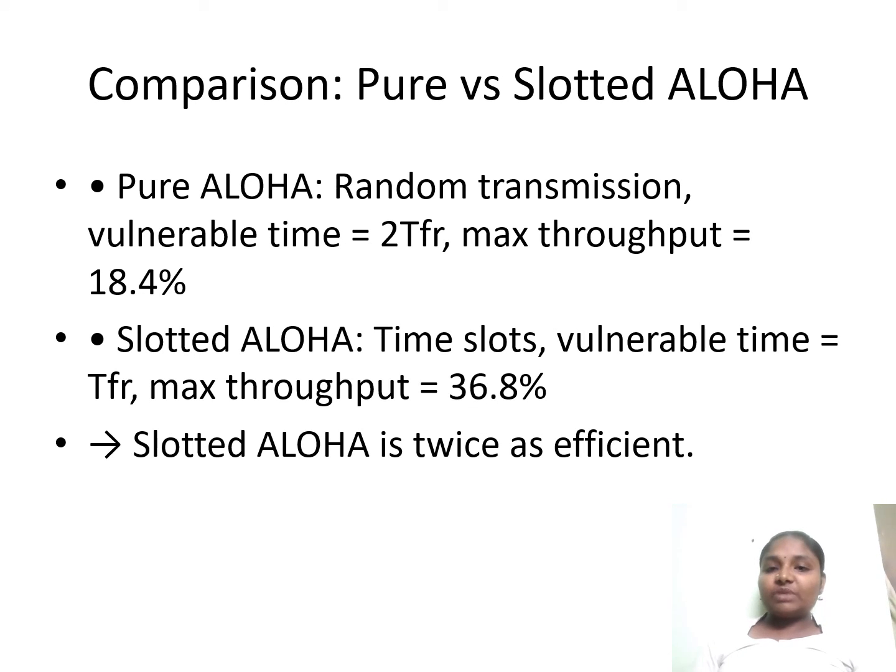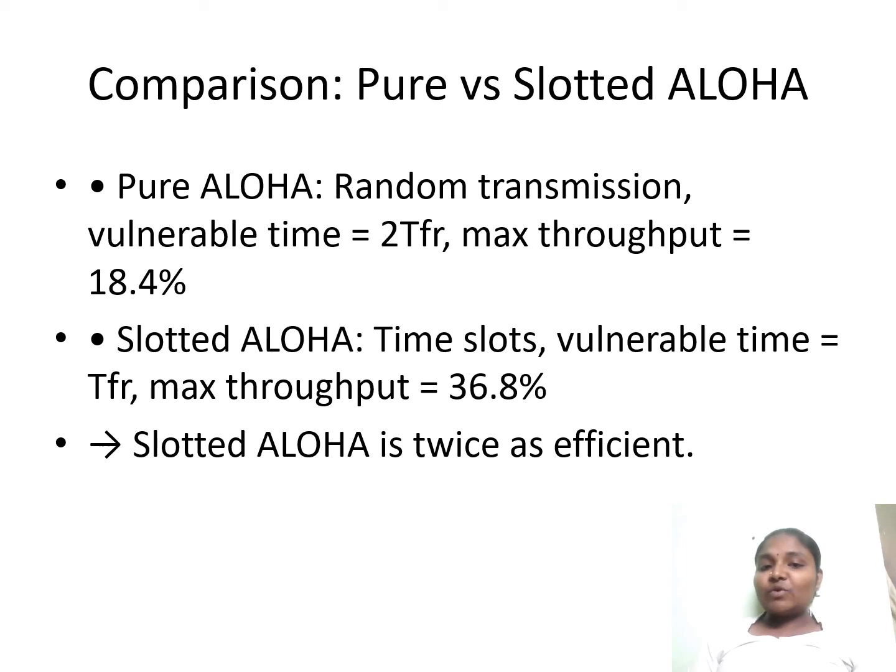And the comparison between pure Aloha and slotted Aloha. Pure Aloha is a random transmission, meaning there are no time slots. Whenever the frame is ready, it will be transmitted. In slotted Aloha we have time slots, and only when a time slot starts will we be able to transmit the frame.